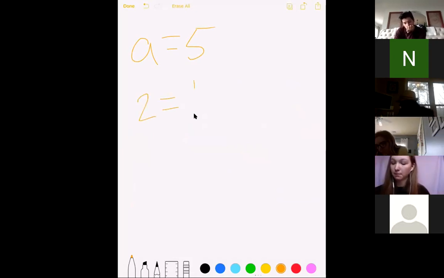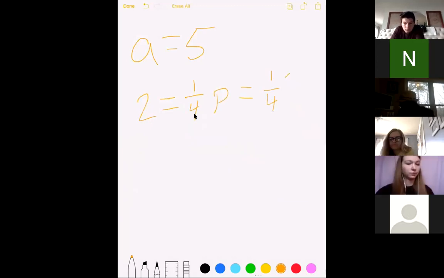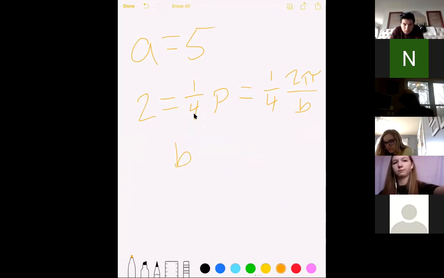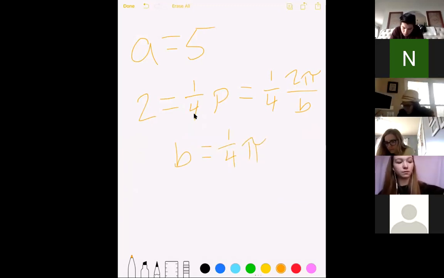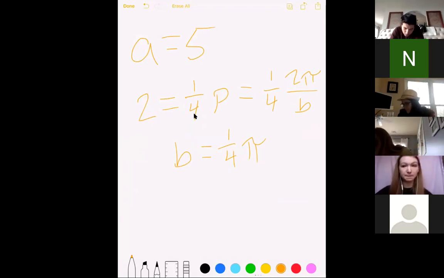So 2 is equal to 1/4 of the period, which is equal to 1/4 of 2 pi over b. So we end up getting that b is equal to 1/4 pi. I can go through the steps if y'all need me to, but that was just algebra.